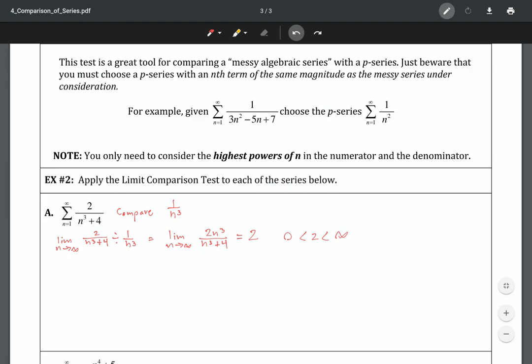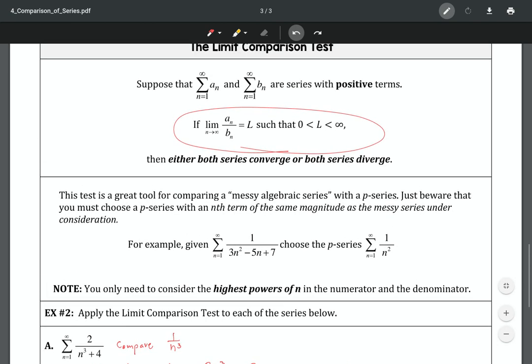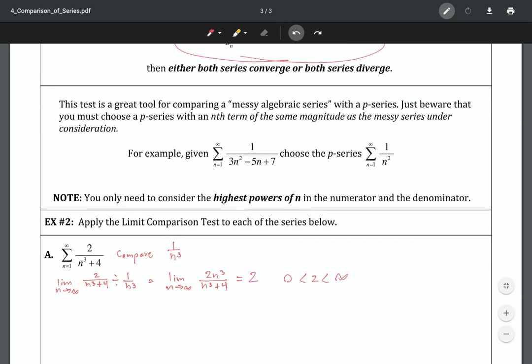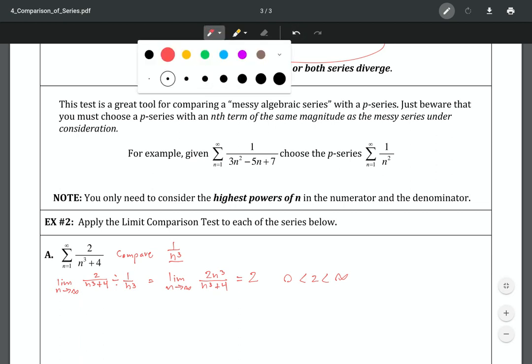Oh, wait a minute. Let me think about it for a second. I also have to make sure that this right here is also convergent or divergent, right? Now you should know that right there is also convergent.